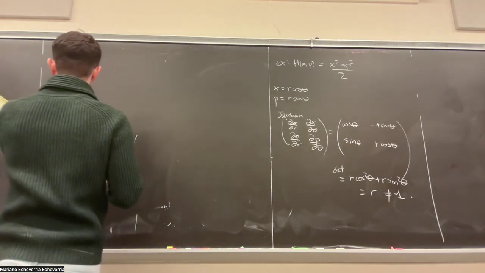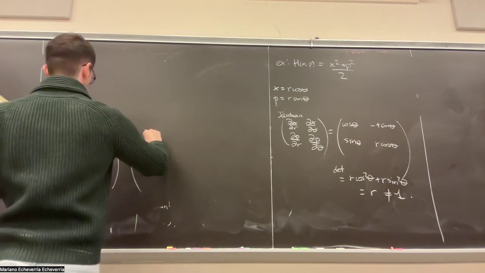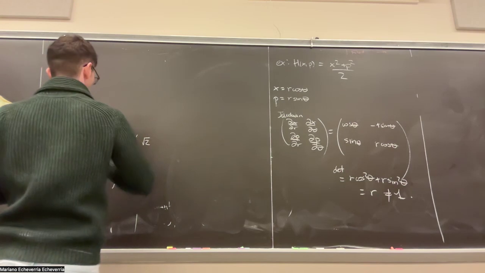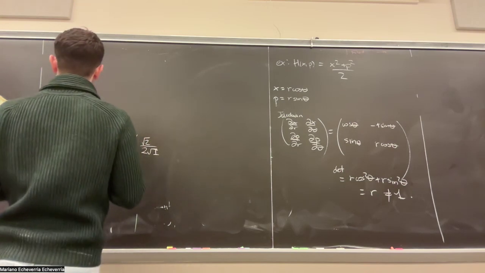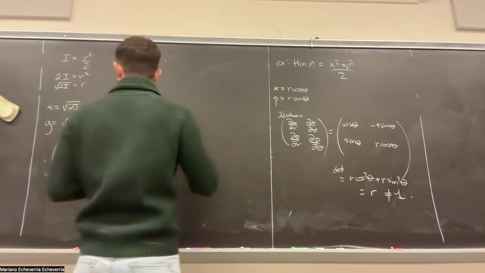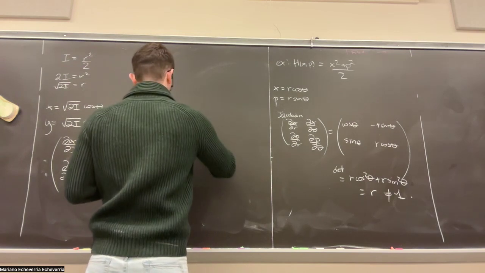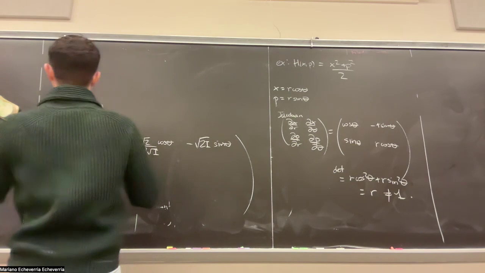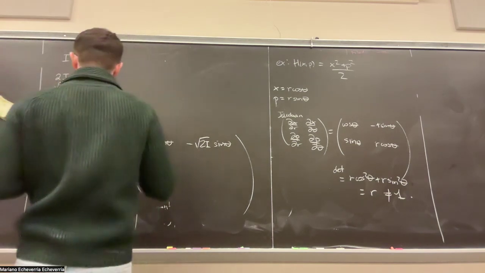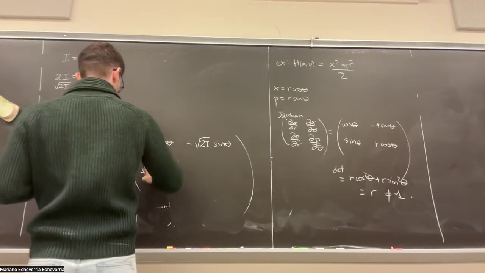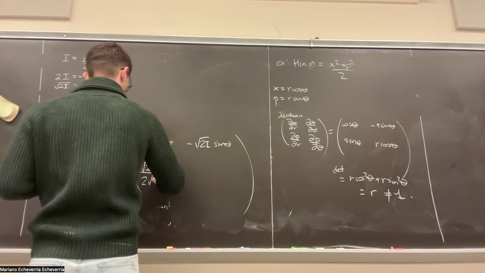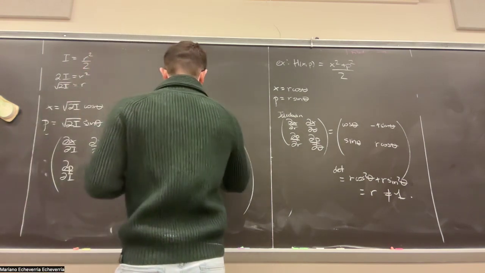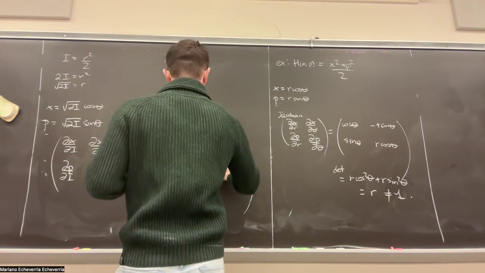X with respect to I gives you root of 2 over 2 root of I, and similarly for the rest.